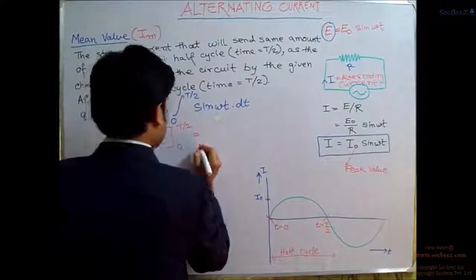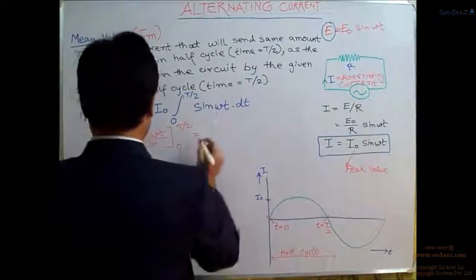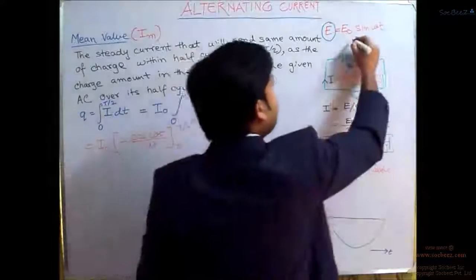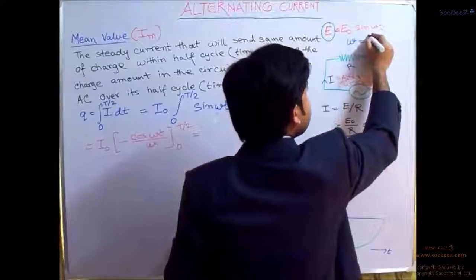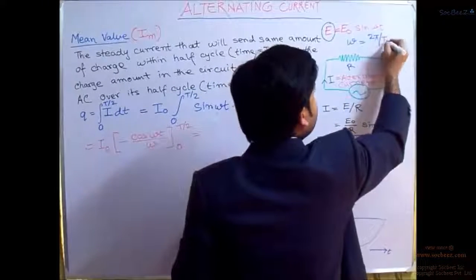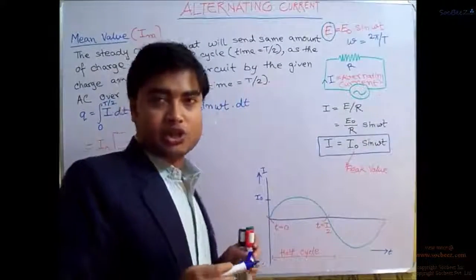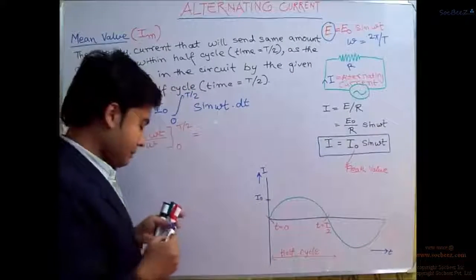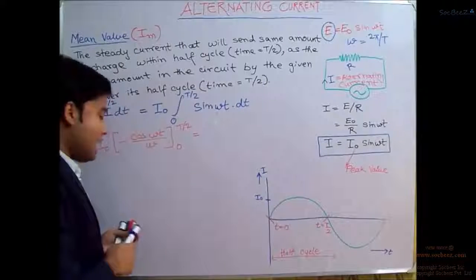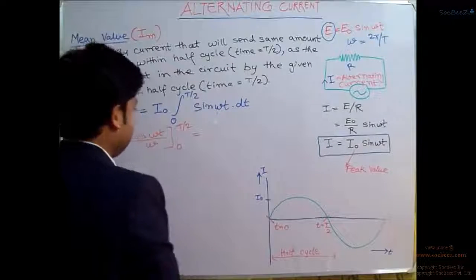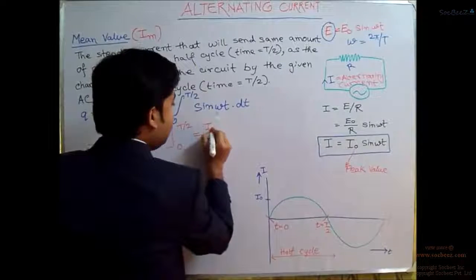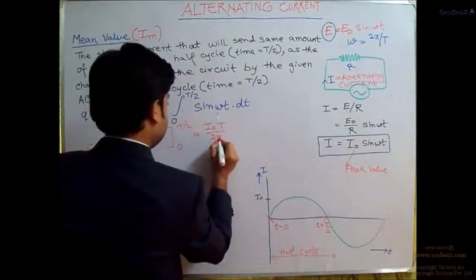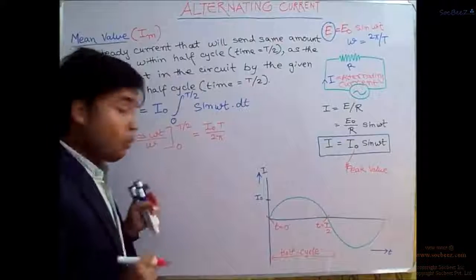So, putting in the values, now, as we know the value of omega is 2 pi divided by T, as we have discussed earlier. So the value of omega can now be replaced. As this is a constant, it could go outside. So it will look like I naught capital T divided by 2 pi, right? Why?